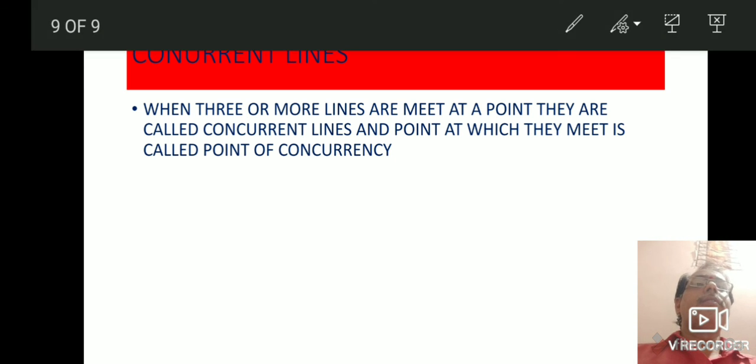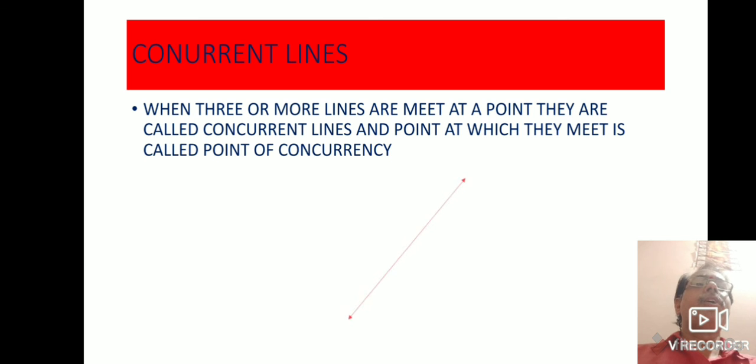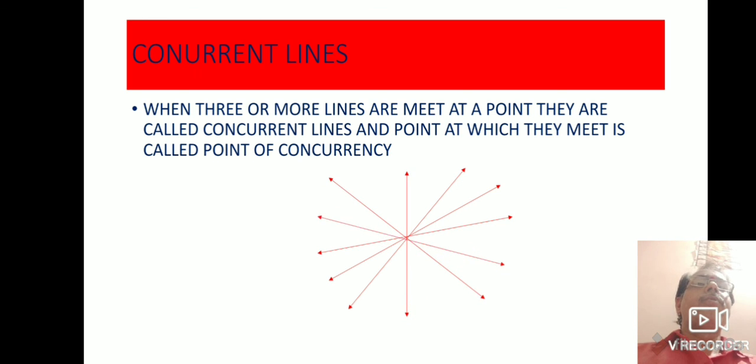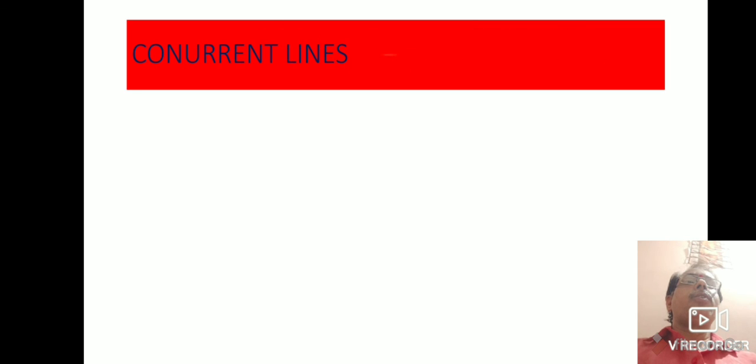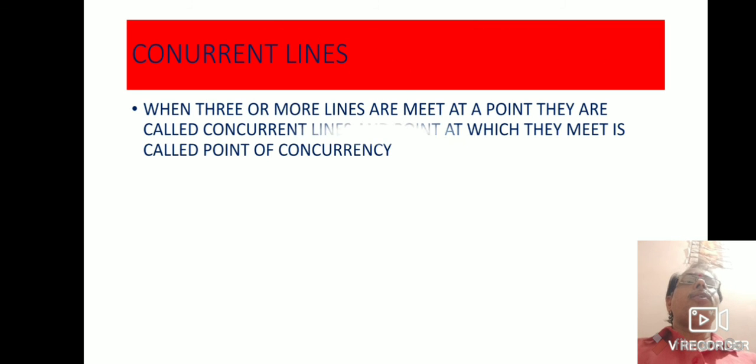Now let us see the diagram. Now here I am taking 6 lines. Yes. So when three or more lines meet at a point, they are called concurrent lines, and the point at which they meet is called the point of concurrency.